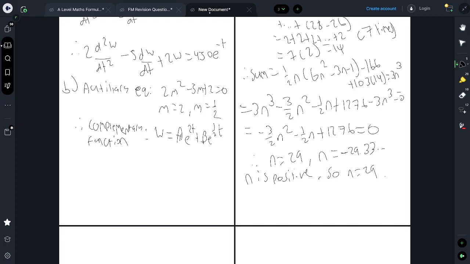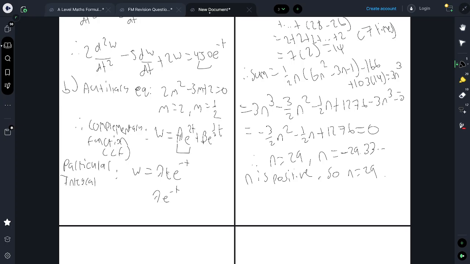So that's complementary. Now we need a particular integral, or PI. That has to be of the form W is lambda t e to the minus t. Normally, if it's just e to the minus t, it would look like lambda e to the minus t.